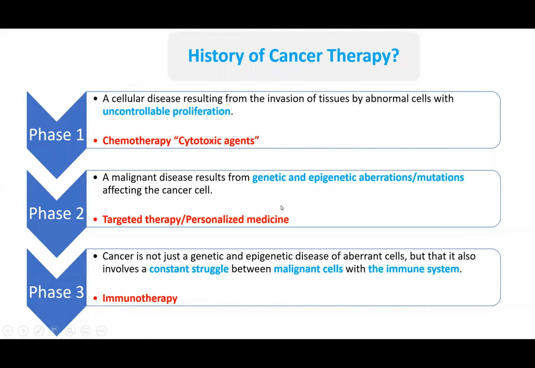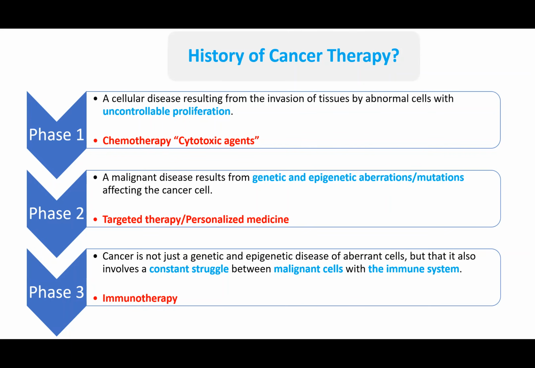After that, people started to realize that this uncontrollable proliferation comes as a result of accumulation of genetic and epigenetic mutations in the cancer cells. And here the concept of mutation came to our minds, and in response to this, we designed what we call targeted therapy, or the era of personalized medicine.